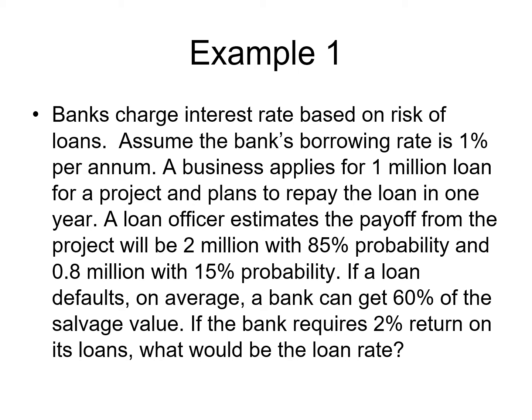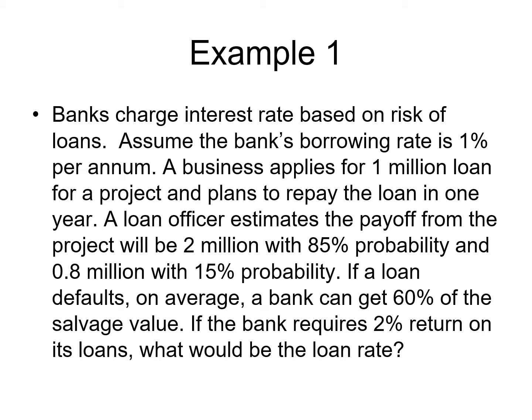Banks charge interest rate based on risk of loans. Assume the bank's borrowing rate is 1% per annum. A business applies for a 1 million loan for a project and plans to repay the loan in 1 year.